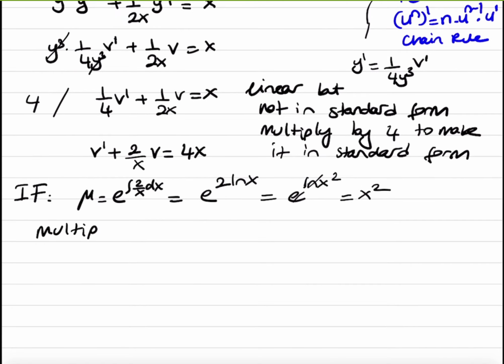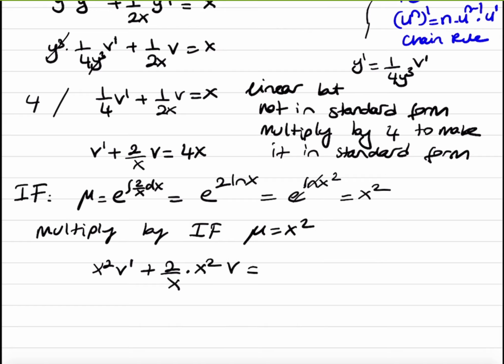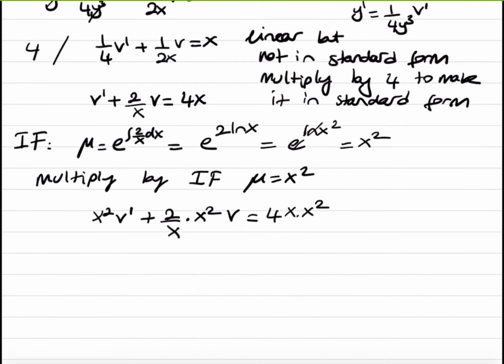Now multiply by the integrating factor, mu is equal to x squared. Don't forget to multiply everywhere. 2 over x times x squared times v is equal to 4x times x squared.